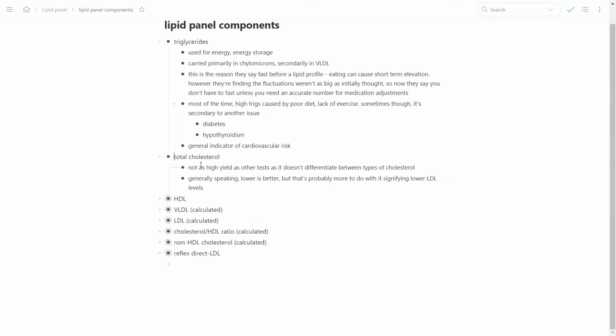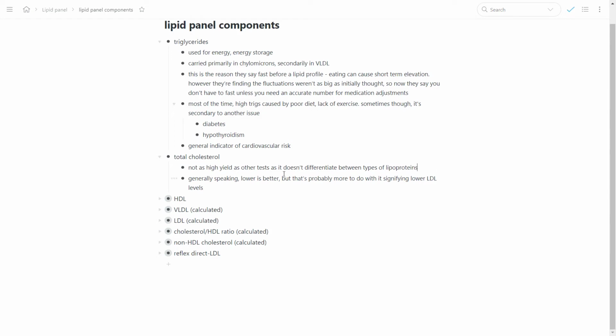So next is total cholesterol. And again, this is cholesterol that's kind of been blended together from all the different lipoproteins. So chylomicrons, VLDL, LDL, and HDL kind of all put together. So for that reason, it's not as high yield as the other tests because it doesn't differentiate between the different types of cholesterol, or rather the different lipoproteins.